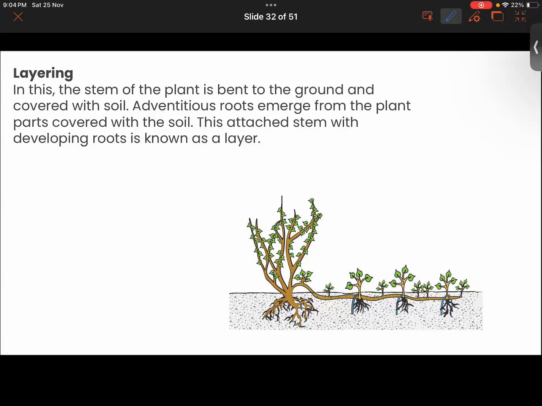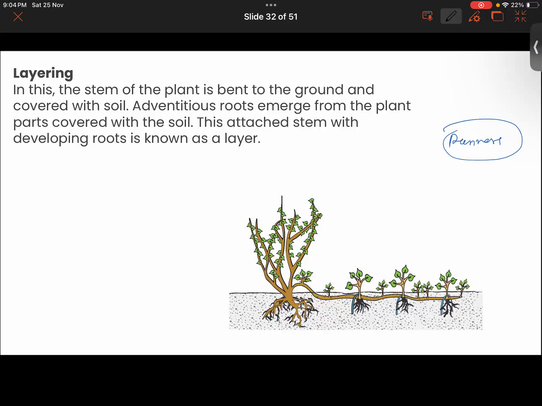So look, when you are doing artificial vegetative propagation, like we were talking about the runners, remember the strawberry and grasses. Was there any manual intervention there in the case of the strawberry or grasses?